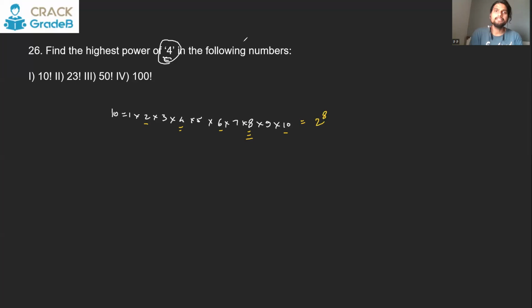So 2's power in the 10 factorial is going to be 8, right? So if you want 4's power, you need to write this in terms of 4's power. So 2 raised to power 8 means 2 raised to power 2 raised to the power 4. That means 4 raised to the power 4. So the highest power of 4 is going to be 4 in 10 factorial.